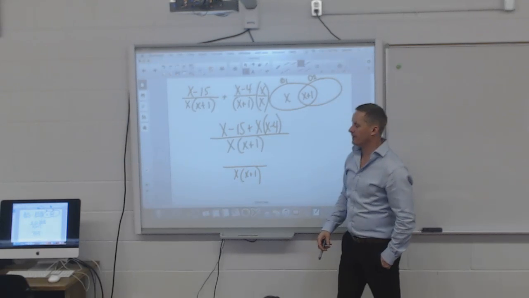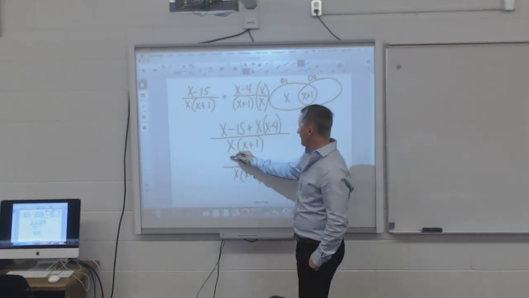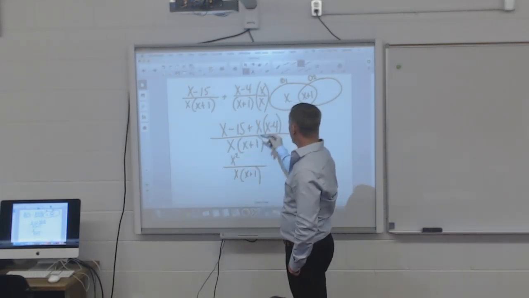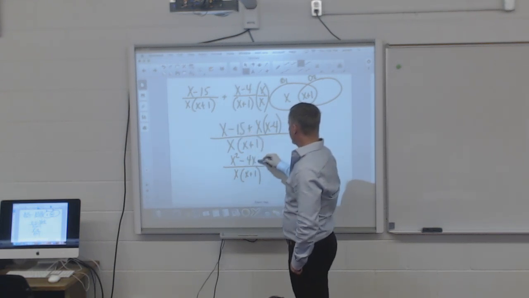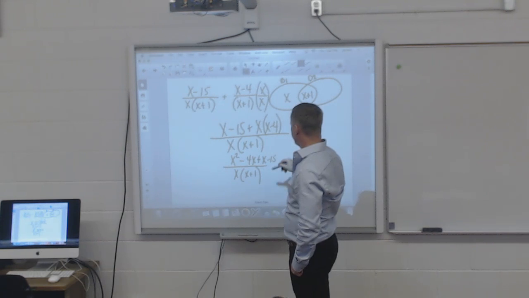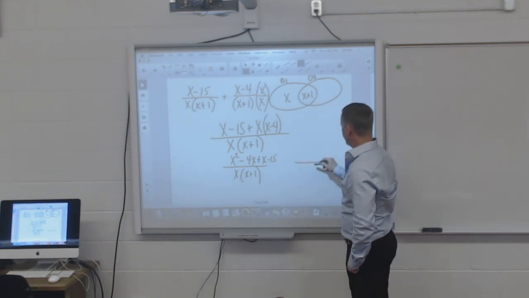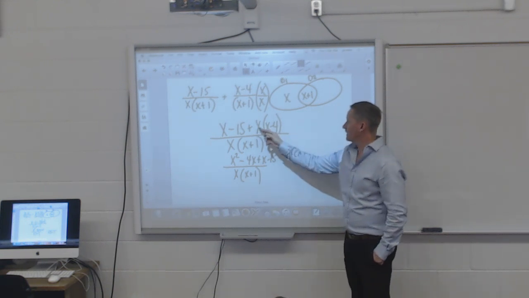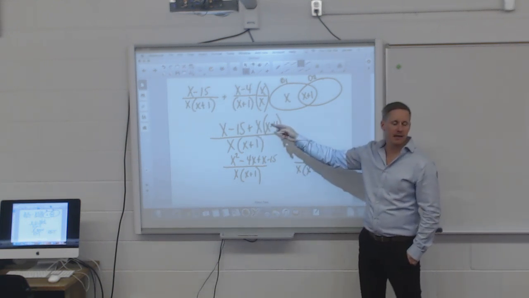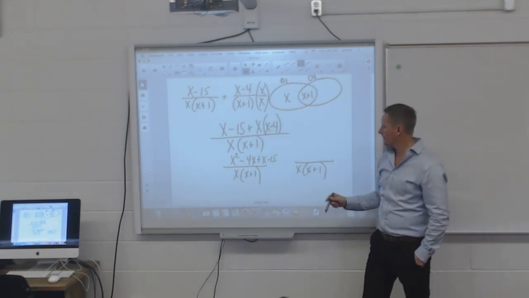Now I need to simplify the top. That's going to give me x squared minus 4x, add x, subtract 15. So I transferred this x through the brackets, x times negative 4.